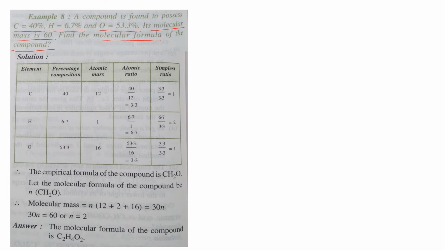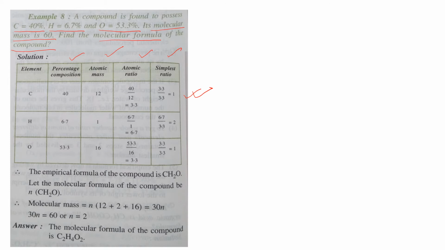Let us first find out the empirical formula. Whatever we have done for finding the empirical formula, the same thing we'll do here: elements, percentage composition, atomic mass, find the atomic ratio by dividing these two, and then the simplest ratio by dividing by the smallest number.